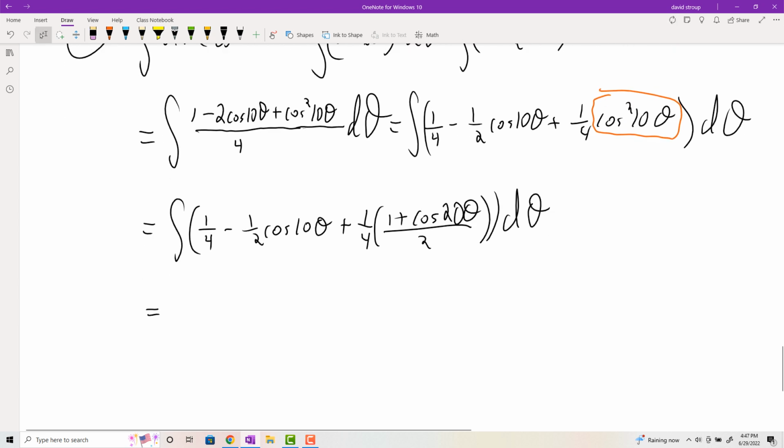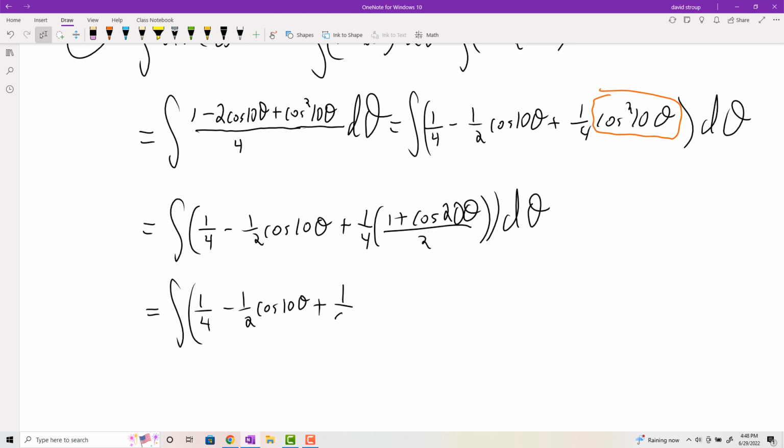And then I'll have the integral of 1/4 minus 1/2 cosine of 10 theta plus, and I'm going to sort of distribute the 1/4 and then butterfly it, so I'll end up with 1/8 plus cosine of 20 theta all over 8, and then d theta.